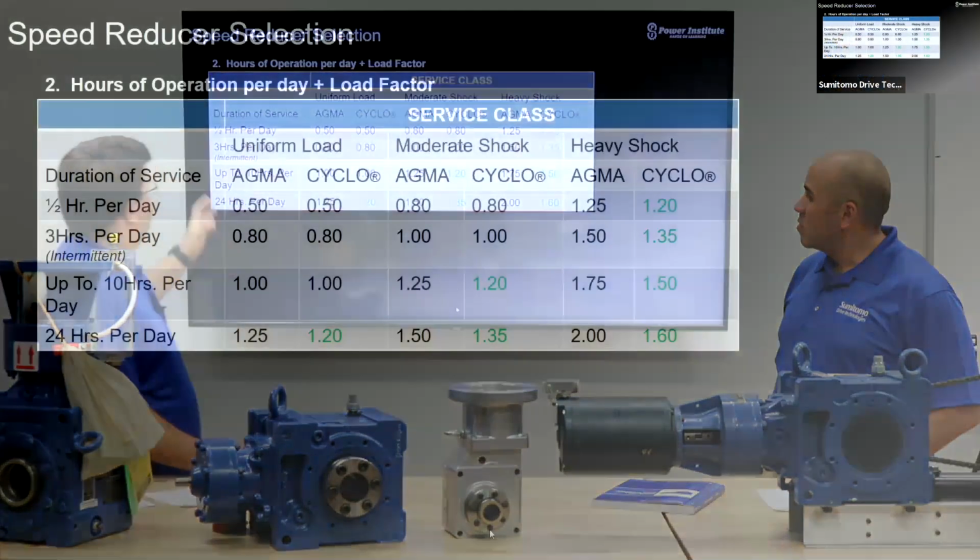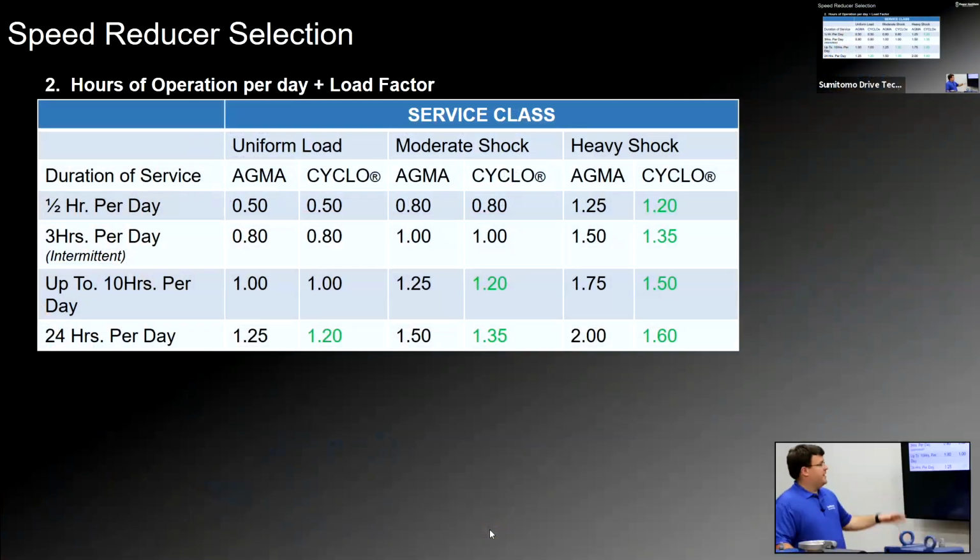Now, another service factor on top of the classes from before is what we call our service factor, or our safety factor. So these are recommendations from AGMA based on the loading and based on the run time per day. We apply a service factor on top of the demand horsepower of what your application requires. So we multiply that by this service factor, and that's the minimum we need for our gearbox to be rated for.